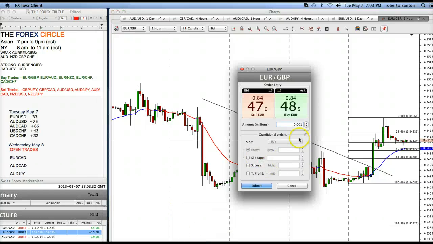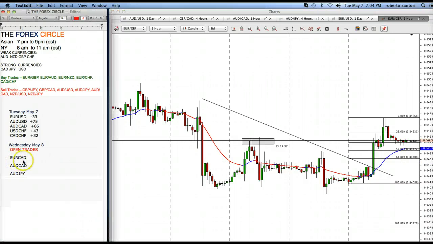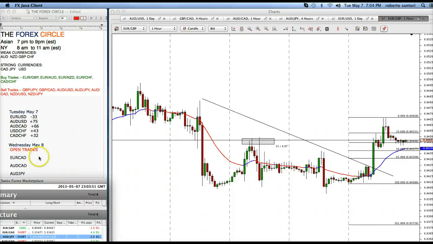So I'm going to enter a market order, and my stop loss would have to be 84, so about a 50 pip stop loss on that trade. So I'll put all of those on open trades later on, but right now let me just go through each one.